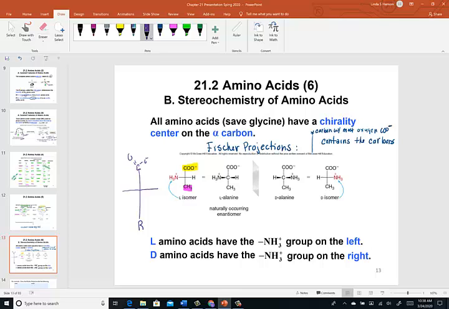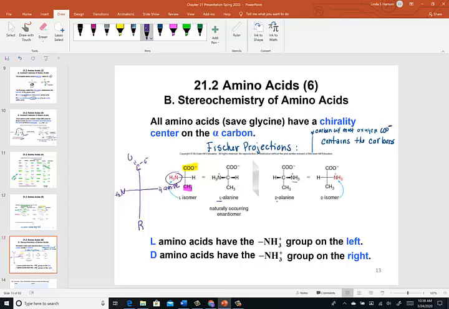Those are the other functional groups that all amino acids contain. And so if the amine group is on the left side of this Fisher projection, if the nitrogen is over here, that means the hydrogen must be on the right side. This is known as the L enantiomer. If the amine group is on the right side, it's called the D enantiomer.